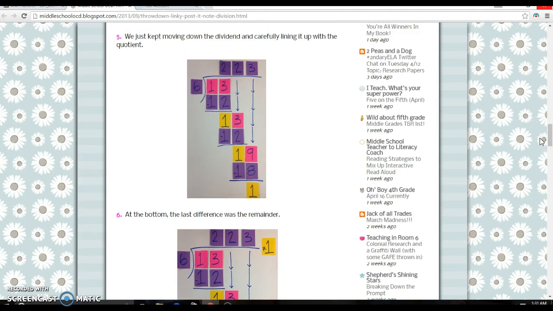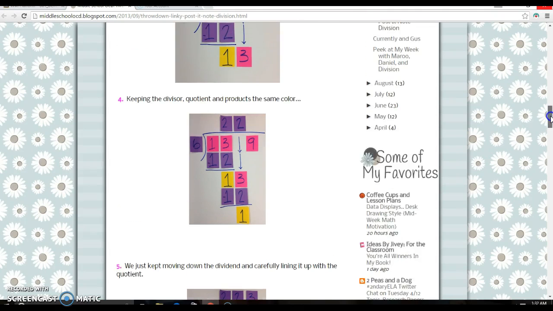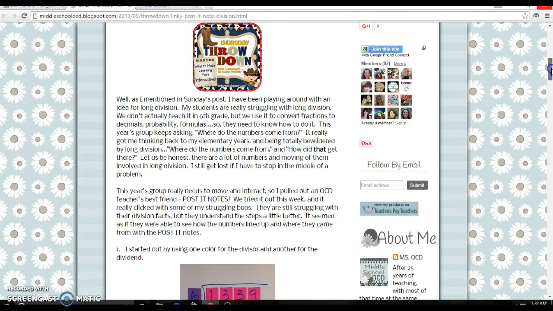So this helps the students with the visual. And I feel like the students understand it more if it's color coordinated and where each number goes. So this is a great activity for students to do and work out with standard algorithm using division.